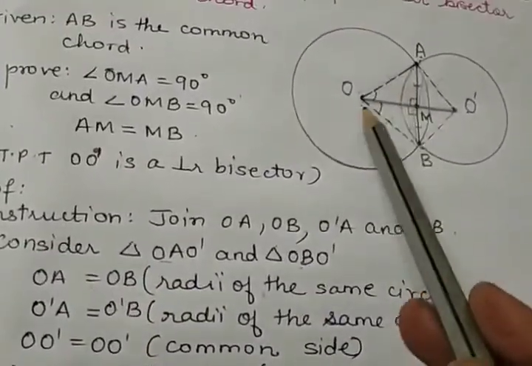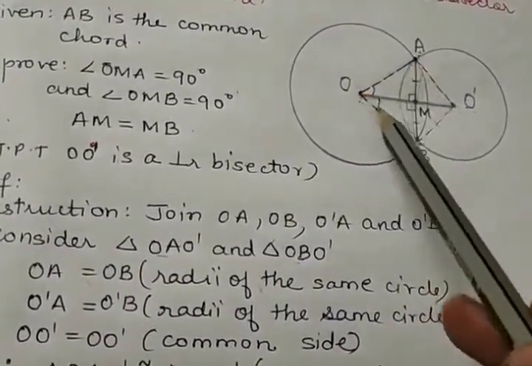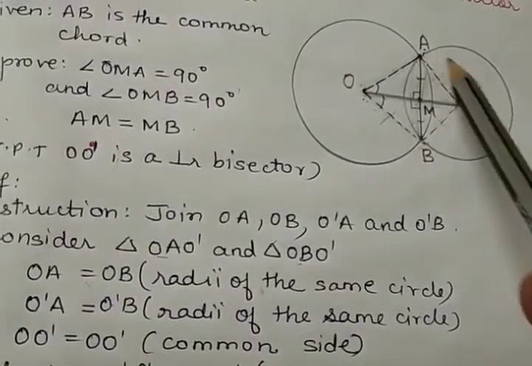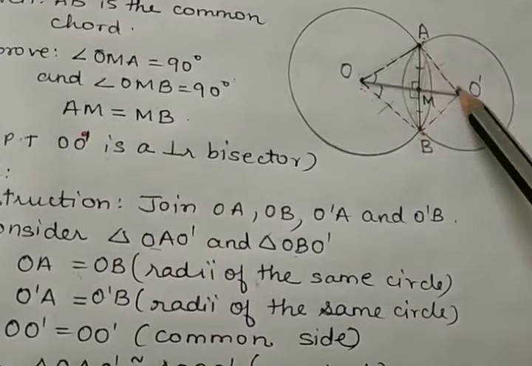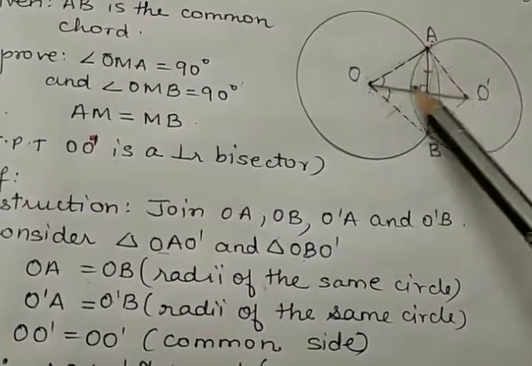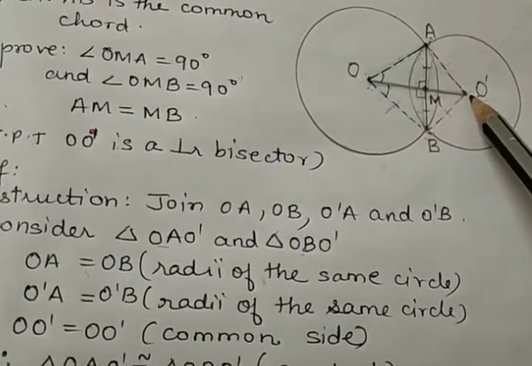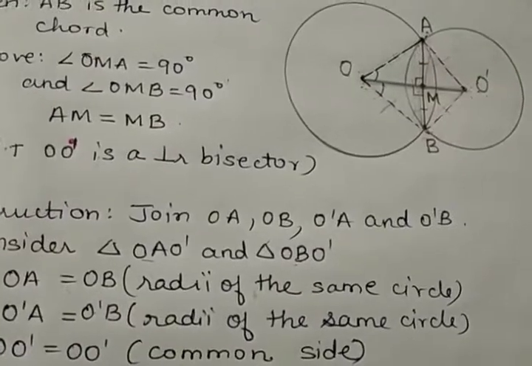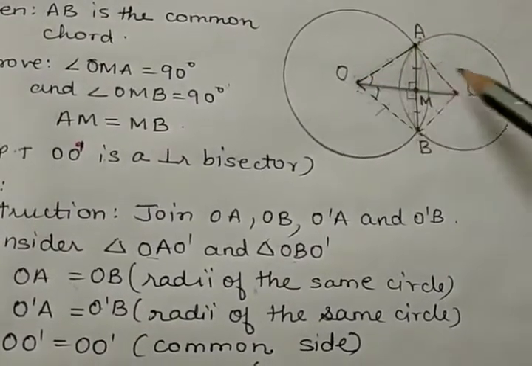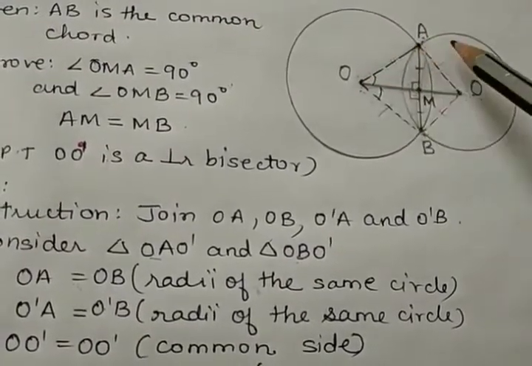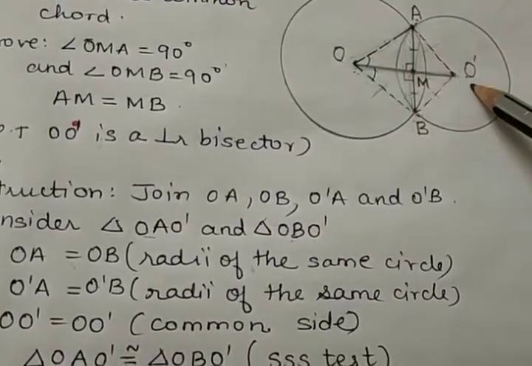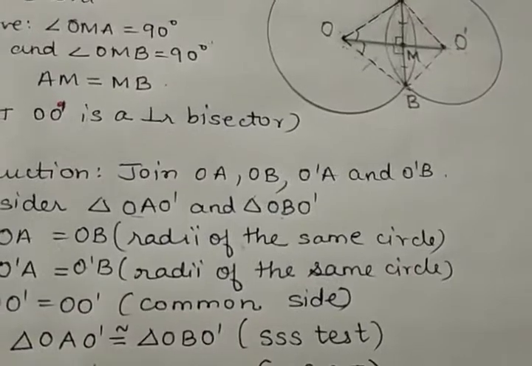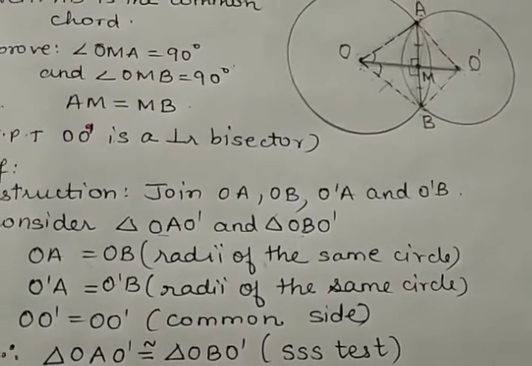OA is equal to OB because it is the radii of the first circle. Then O dash A is equal to O dash B because it is the radii of the same circle, second circle. Then OO dash is equal to OO dash because it is the common side. So you get triangle OAO dash is congruent to triangle OBO dash. So you got the two triangles to be congruent.